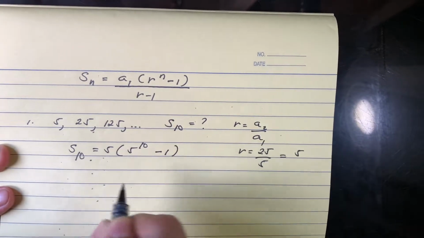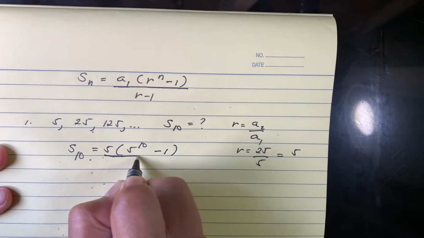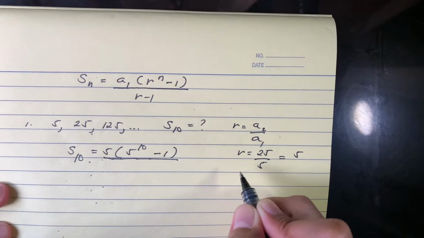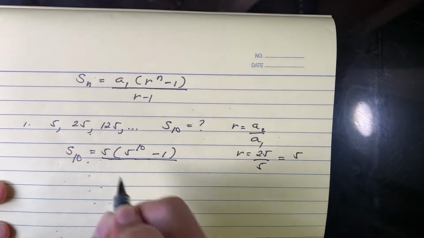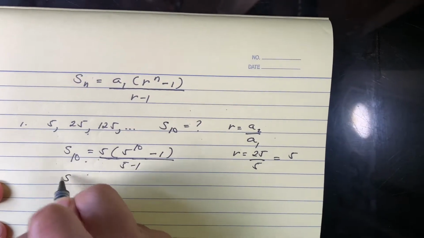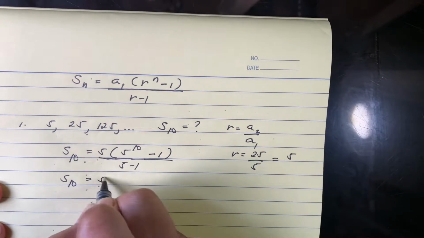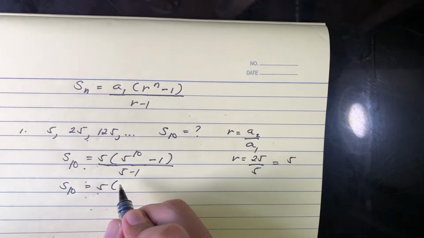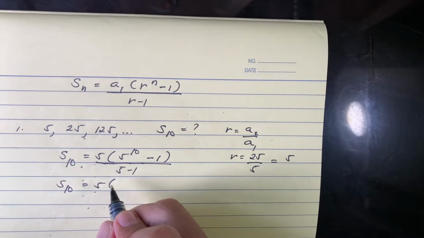Okay, then we have your denominator. Our denominator is definitely the difference between the common ratio and 1. So we have 5 minus 1. So S sub 10 is equal to 5 times 5 raised to the power of 10.